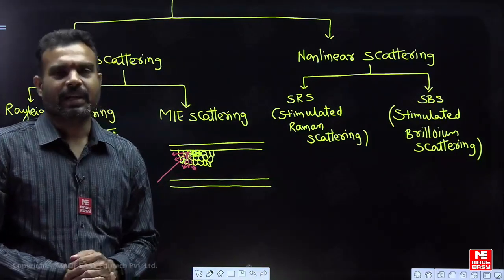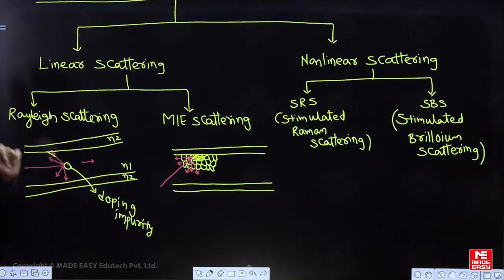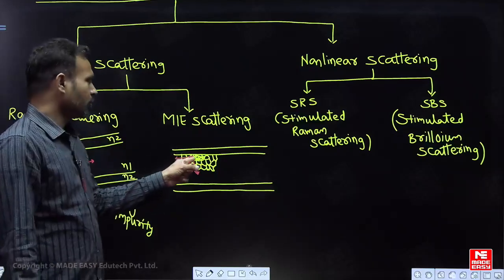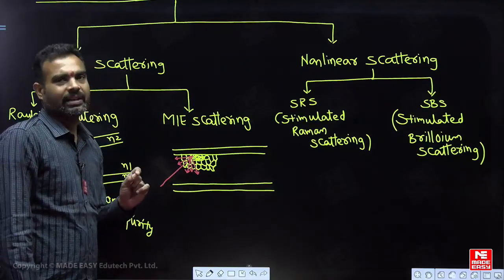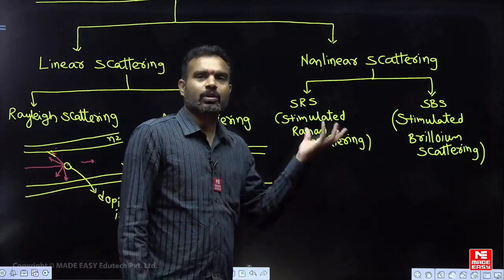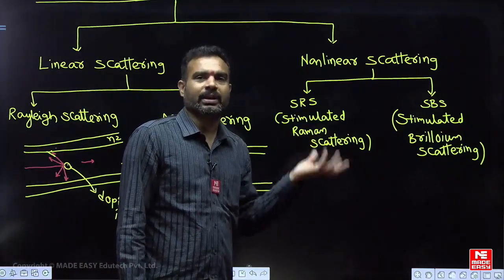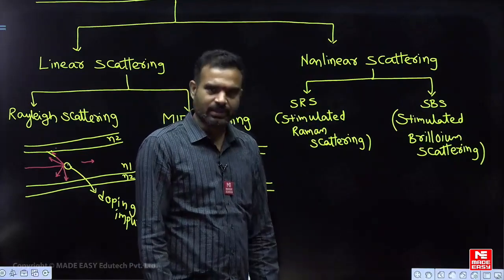So, 4 scatterings, bhaiya. Please see here. One is because of doping impurity, light is diffracted in all directions, called Rayleigh scattering. The second one is because of rolling, some deformation in the structure of the glass makes scattering, called Mie scattering. Because of absorbing energy, glass molecules get excited and stimulated and keep moving, and this stimulation creates a problem called SRS.